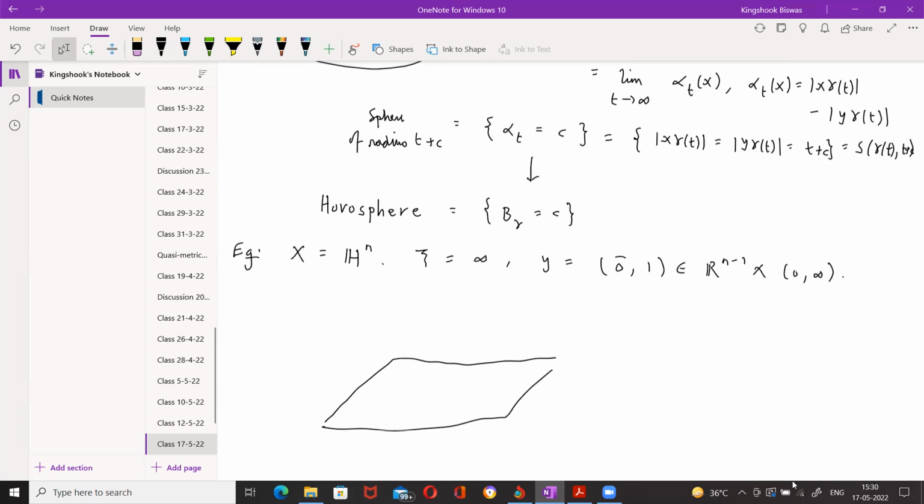What will my horospheres be? So here's the point y, here is say x, and here's my gamma t. I'm joining it like this. Any guess what we will see in the limit?